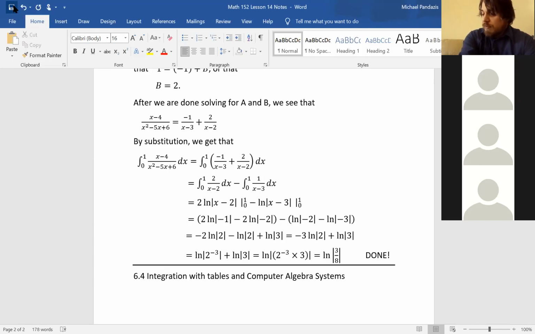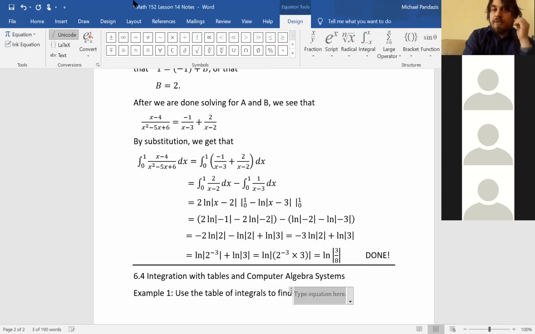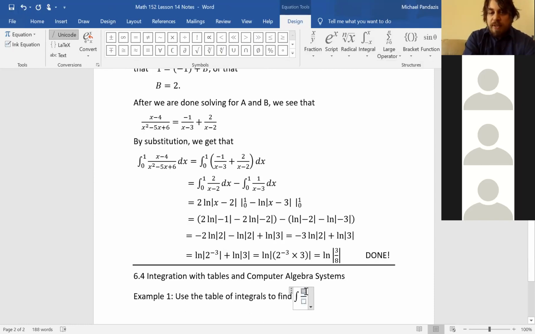Okay. The kind of problem you might see is this problem. It says use the table of integrals to find this integral. It involves looking at a table and then saying, by referencing a table, what is the value of a somewhat complicated integral.